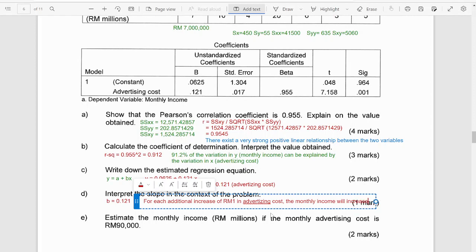Okay, why will increase? Because the value of b is positive. If the value of b is negative, then you have to say will decrease. But this one, the value of b is positive, so will increase by the b unit. So b is what? 0.121. So you can say will be increased by RM0.121. Okay, so that is for the explanation.